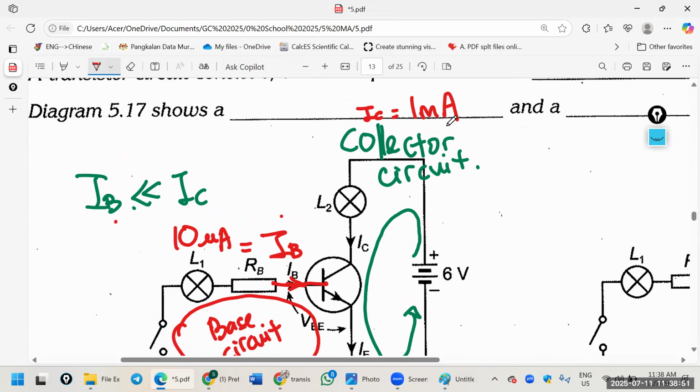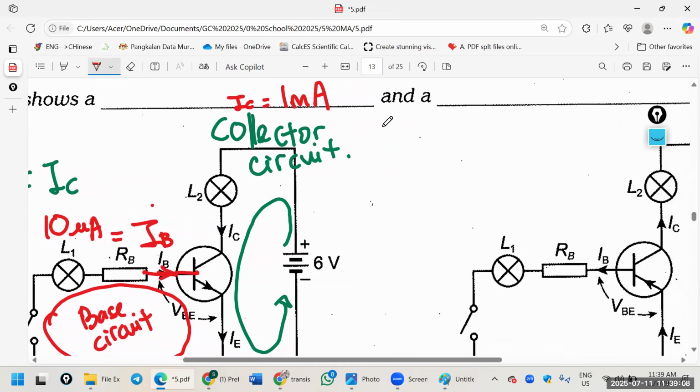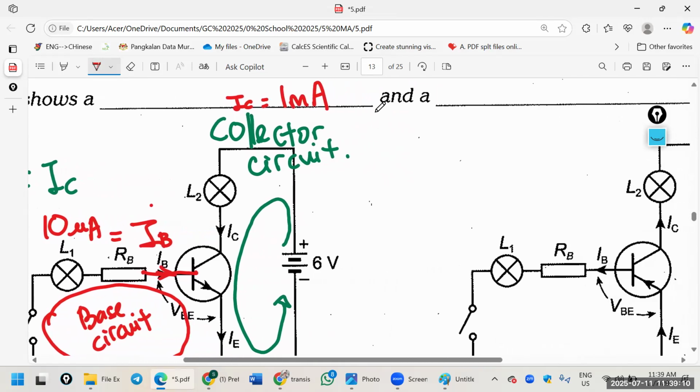Seems like 10 is more than 1, but actually milli is 1,000 times more than micro, okay? Let's clarify here. One way is to press the calculator, easier.